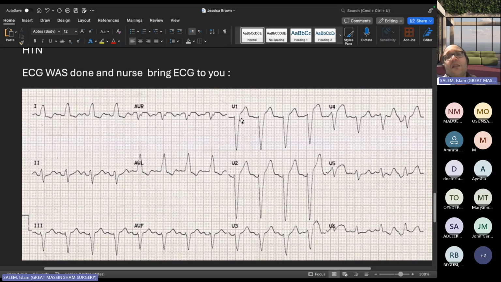The original Scarboza criteria said if the elevation is more than one big square, especially in V1, V2, V3, then that means this is positive Scarboza. This can be an MI. But then Smith, a French cardiologist, said no, this is not quite right.